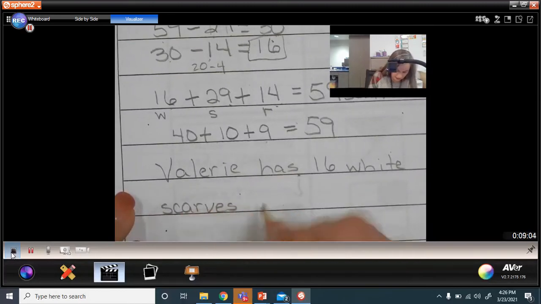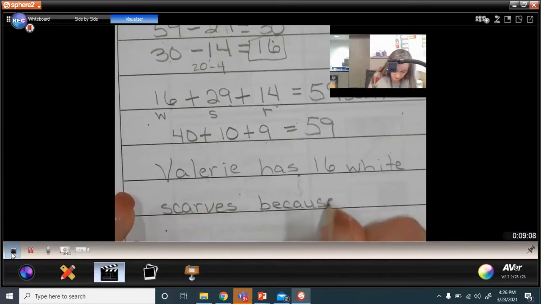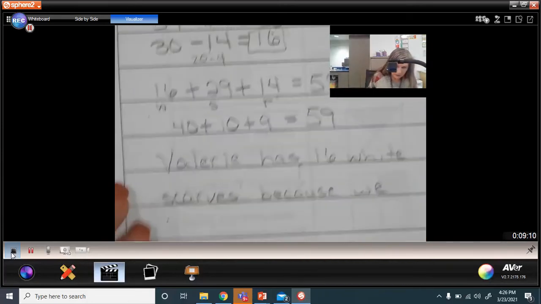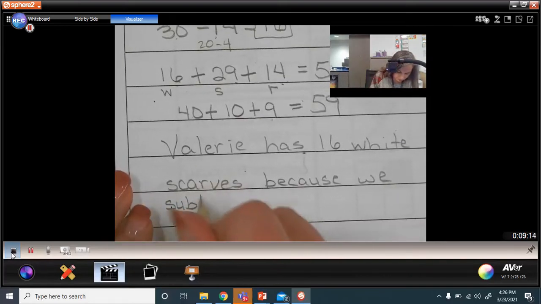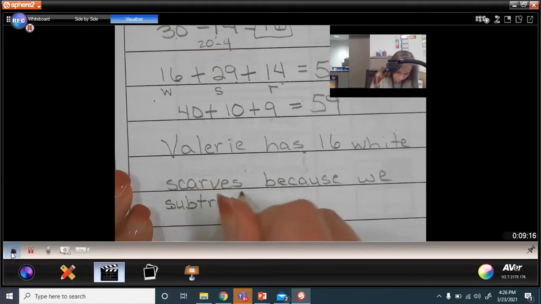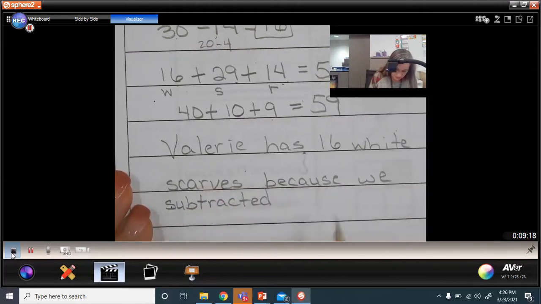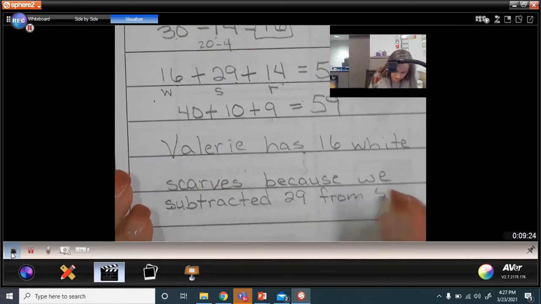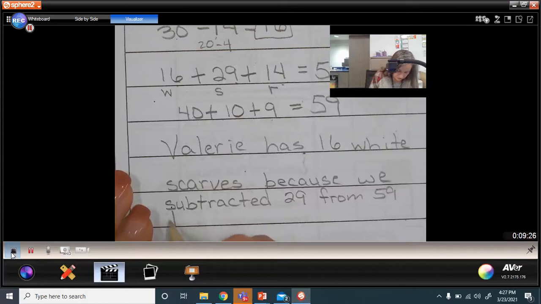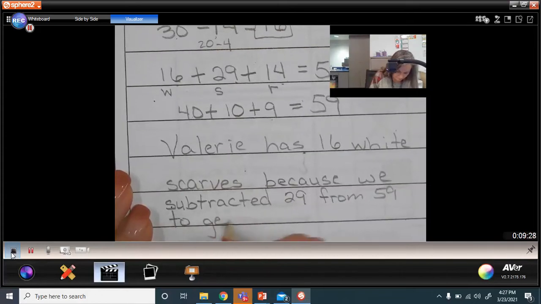And that's because we subtracted the parts, right, from the total. We subtracted 29 from 59 to get 30.